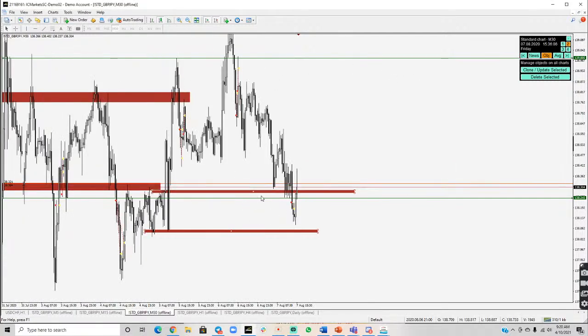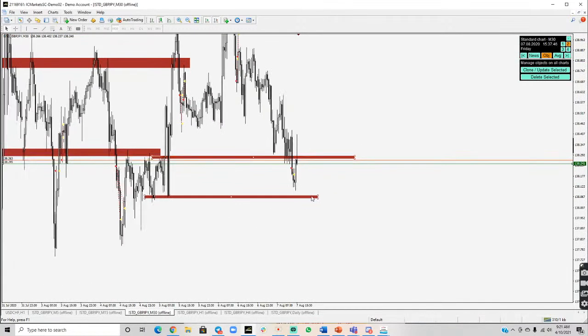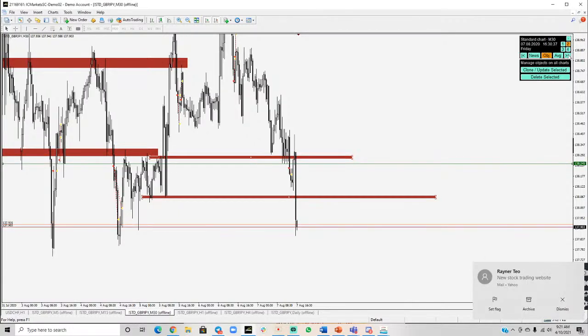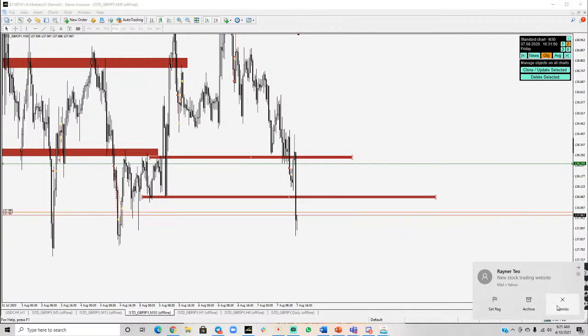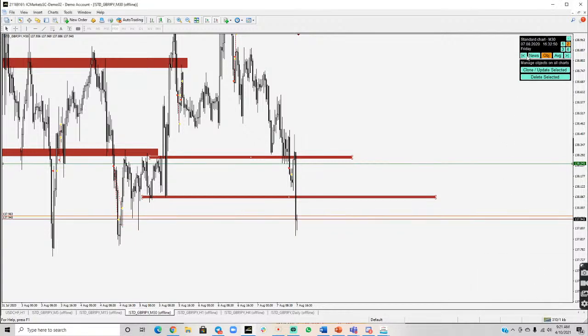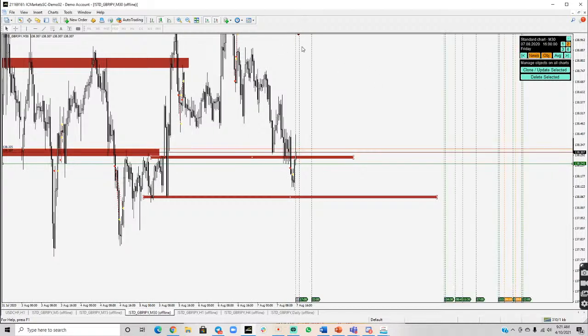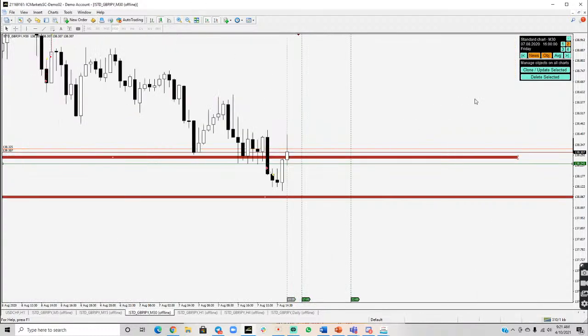Like, I'm not really liking this market structure because, as I can see, we don't have any large range for us to take good trades. Wow. Let's go back and look at this. So that's pure volume. That's pure volume.